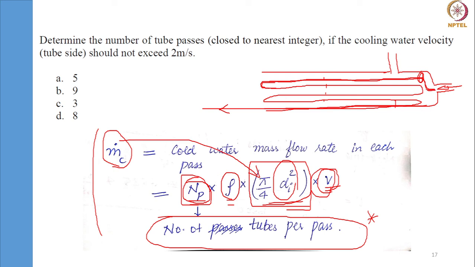So this is going to get divided into 86 tubes, and those 86 tubes are going to run for 5 passes. So number of passes is like the number of turns the fluid is taking. Okay, thank you. We can move on to the next question.